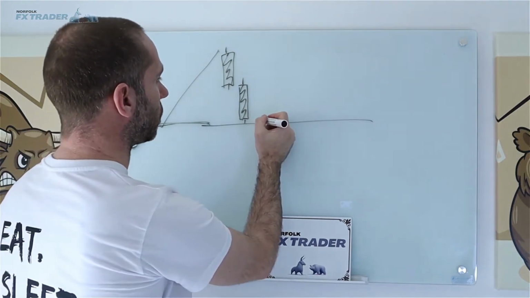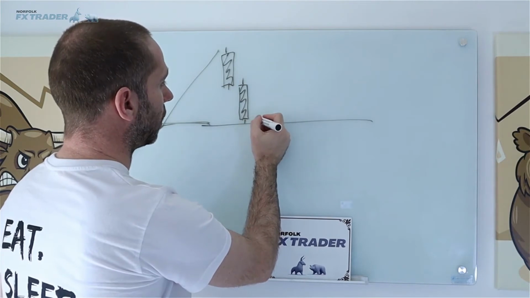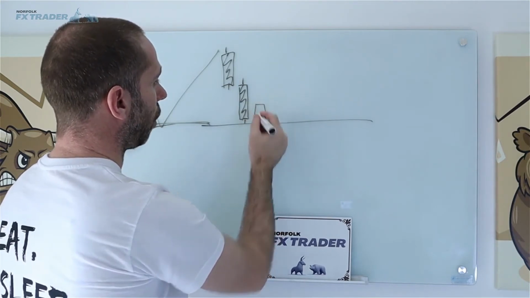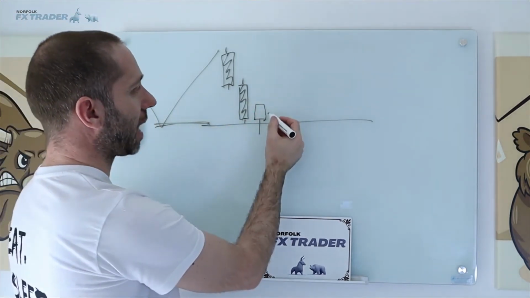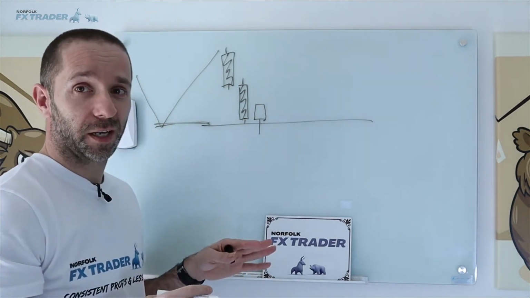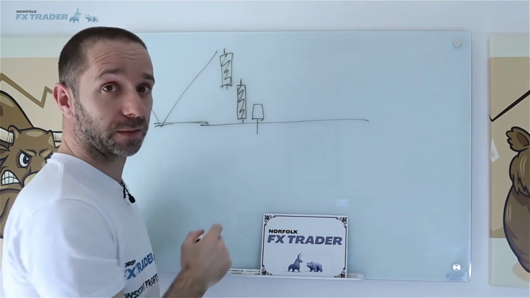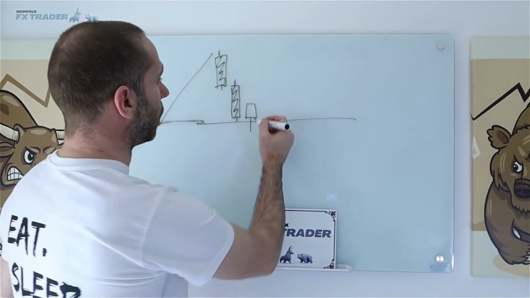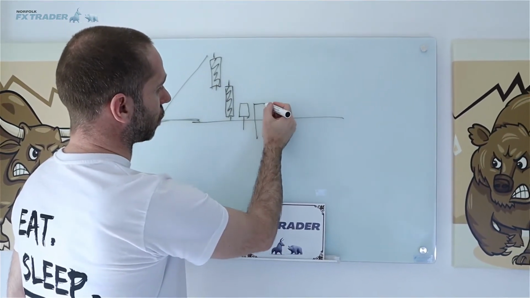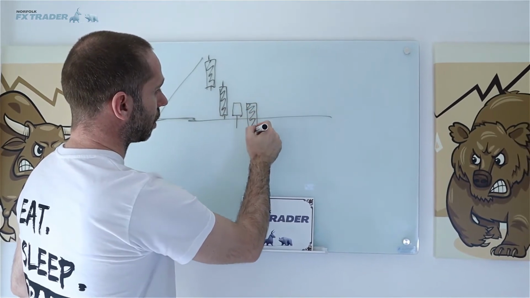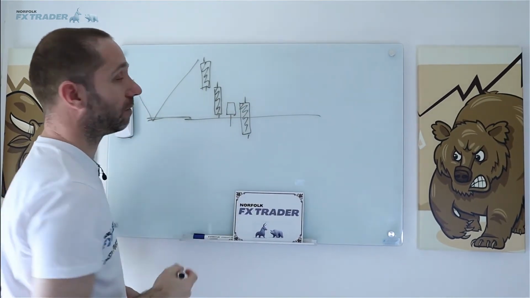What we can sometimes see is a reaction off this area. The next candle, and hopefully if you've gone through my previous videos, you will know that this is what I call that drop-base-drop. The next candle drops through, and this is now that valid breakout.